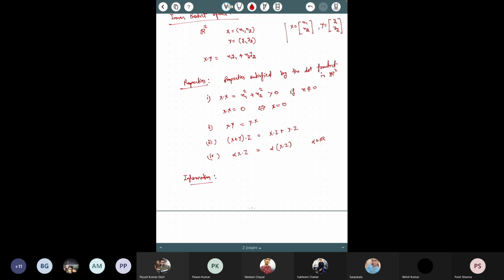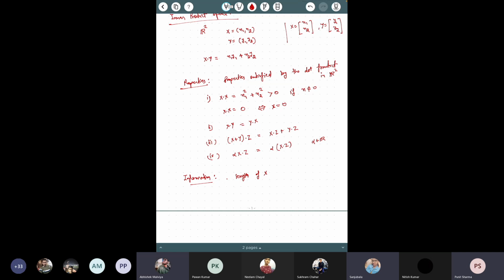So we know that if x is any vector, then what is the length? What is the length of a vector in R2? If x is a vector with components x1 and x2, what is the length of x? Distance from origin. Yeah, but what is the formula?